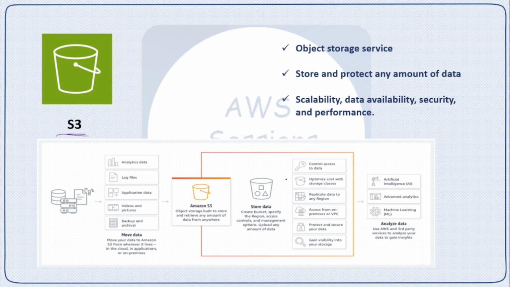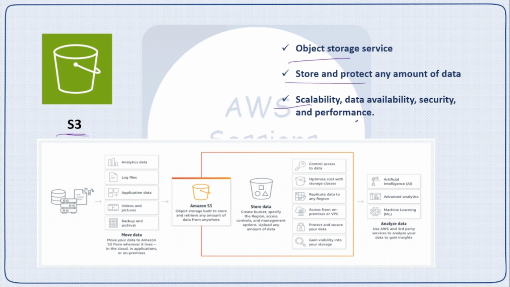S3. S3 is one of the foundational services and the most widely used service, I would like to say. S3 is Simple Storage Service, and it is directly or indirectly being used at many places in AWS. First of all, this is an object storage service. It can store and protect virtually any amount of data.